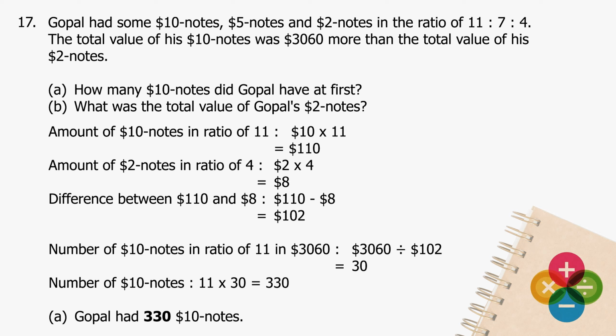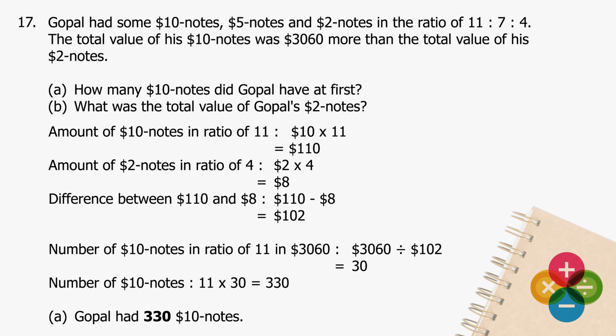The amount of $10 notes, in ratio of 11, will be multiply $10 by 11, and the product is $110. The amount of $2 notes, in ratio of 4, will be multiply $2 by 4, and the product is $8. The difference between $110 and $8 will be subtract $8 from $110, and the difference is $102.